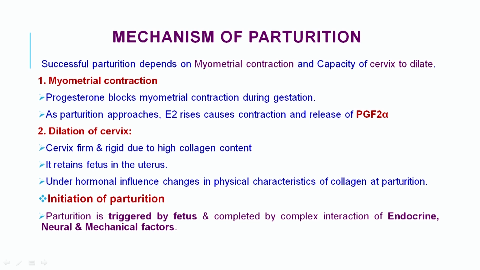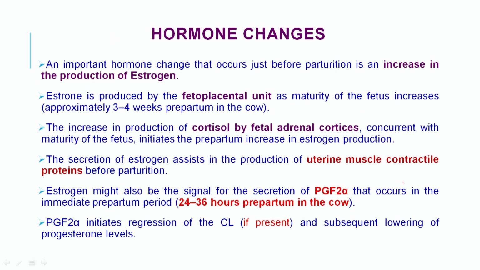Initiation of parturition is triggered by the fetus and completed by the complex interaction of endocrine, neural and mechanical factors. Hormonal changes taking place are important. Production of estrogen is an important one for helping in parturition.